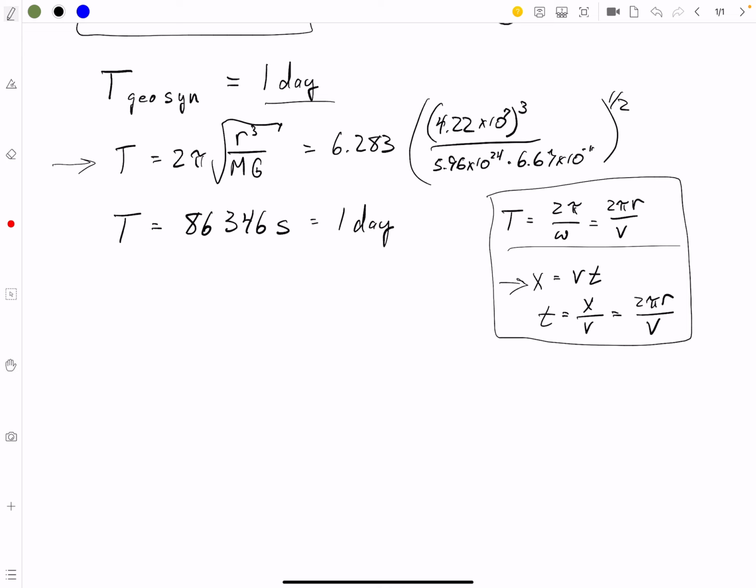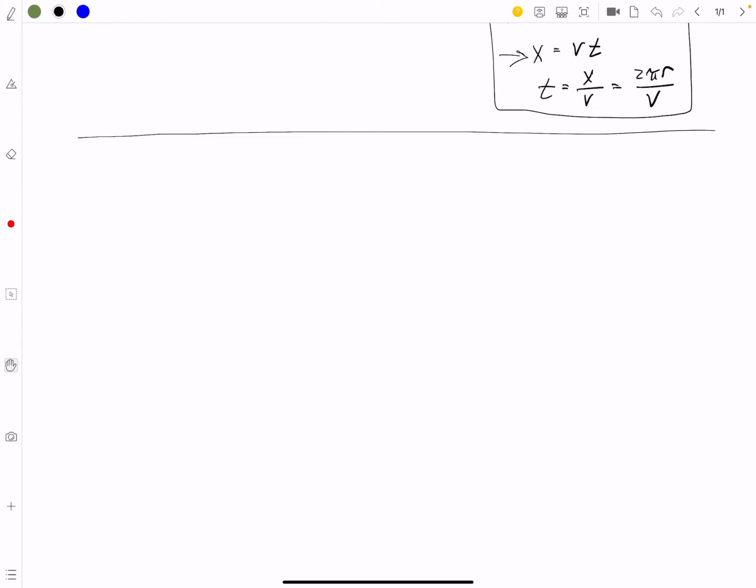Do it easy. Okay, so here's another problem. Let's cut this off, and we're going to do a standard orbit. So the radius for standard satellite orbit is 400 kilometers above, this is very important, above the radius of the Earth.